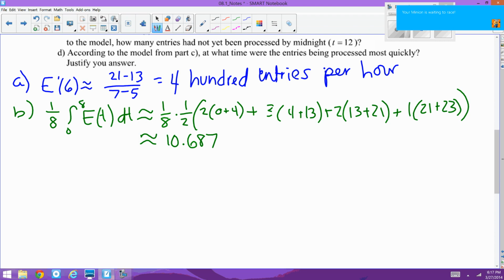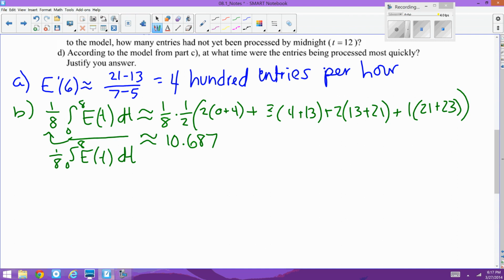Now it says, using correct units, explain the meaning of that in terms of the number of entries. Well, we know that this will give us the hundreds of entries over a certain amount of time, but what is that 1/8? Well, if you remember, that is our average value. So we would say that this can be represented as the average number of hundreds of entries.